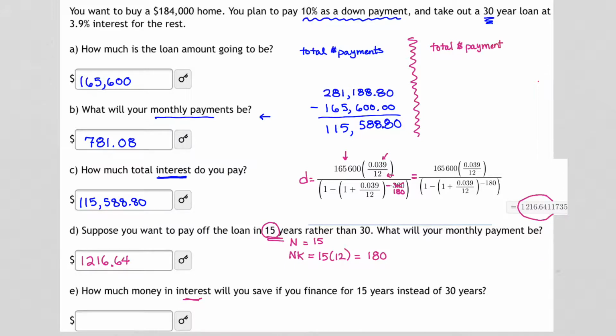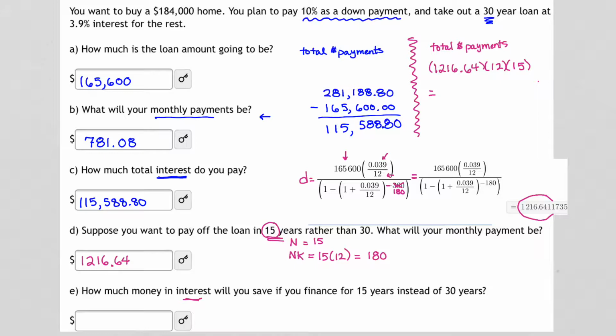But this time I need my total payments for the $1,216.64 amount that I pay each month for 15 years. So I'm going to take $1,216.64. I'm going to multiply that times 12. That tells me how much I'm paying per year. And then I'm going to take it and multiply by 15 because I'm making those payments over the course of 15 years.